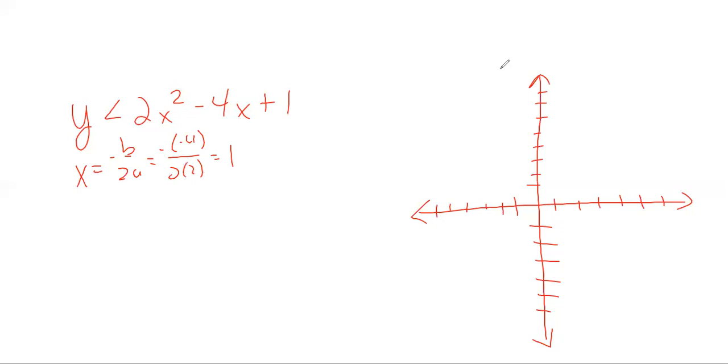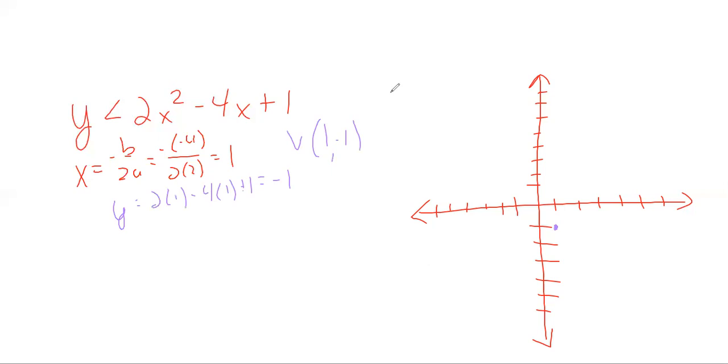Let's find y. So if x is 1, y is equal to 2 times 1 squared minus 4 times 1 plus 1, which is 2 minus 4 is negative 2 plus 1 is negative 1. So my vertex is 1, negative 1. So I go to 1, negative 1. I put a dot. There we go.